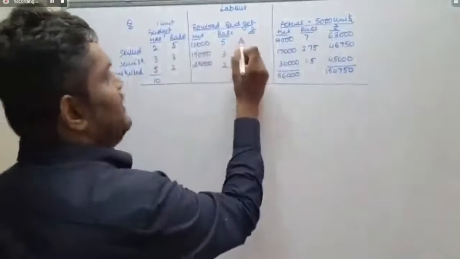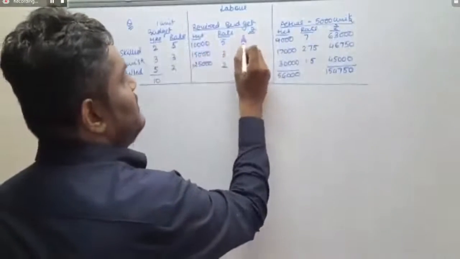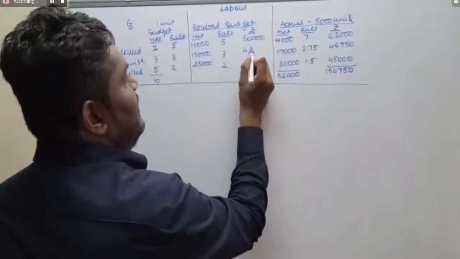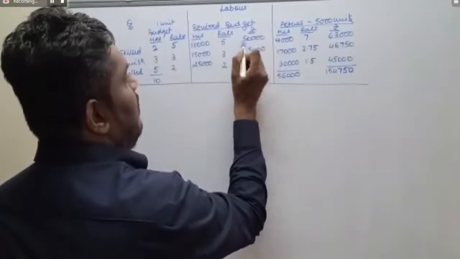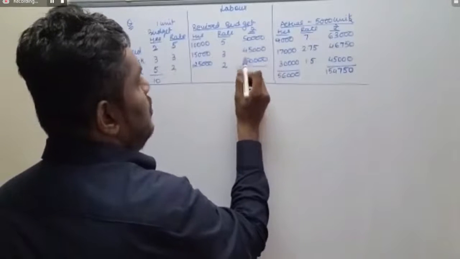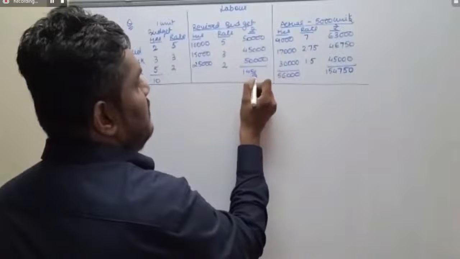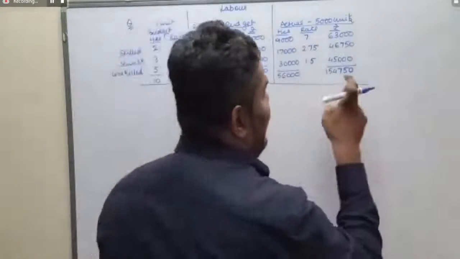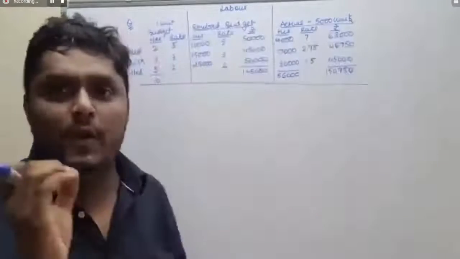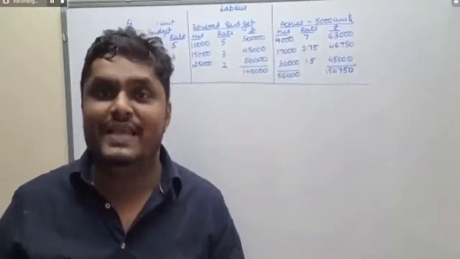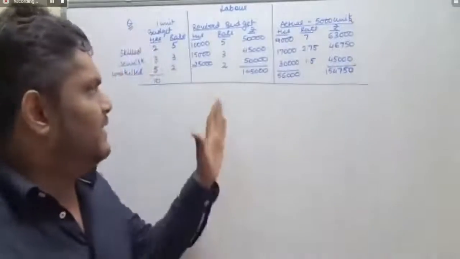So the total cost that was supposed to be incurred was 10,000 into 5, 50,000, 15,000 into 3, 45,000, and 25,000 into 2, 50,000. So total it is 1,45,000. So this much cost was supposed to be incurred, and how much we incurred actually for manufacturing 5,000 units? 154,750.